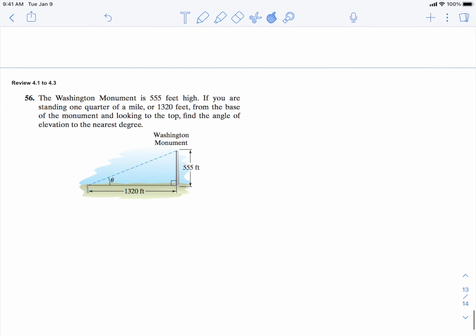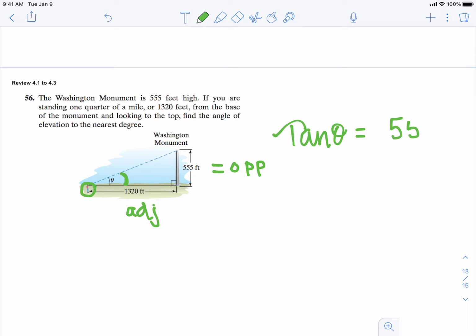All right, here is our last question on the review. The Washington Monument is 555 feet high. If you're standing 1/4 a mile away, or 1,320 feet, so here you are, what is this angle of elevation? So this is side opposite, and this is side adjacent. So the trig function we're using again, tangent. So opposite over adjacent.